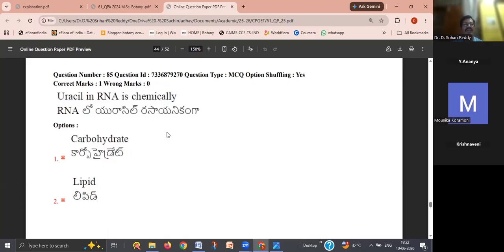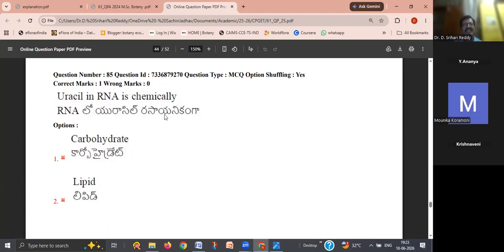We also call them purines and pyrimidines. Adenine and guanine are the purines, and the pyrimidines are thymine and cytosine. But the base present in RNA instead of thymine is uracil. Instead of T, we find U, that is uracil, in RNA.